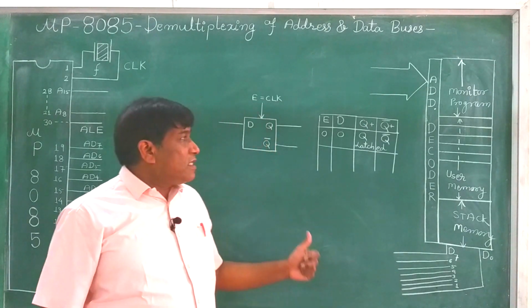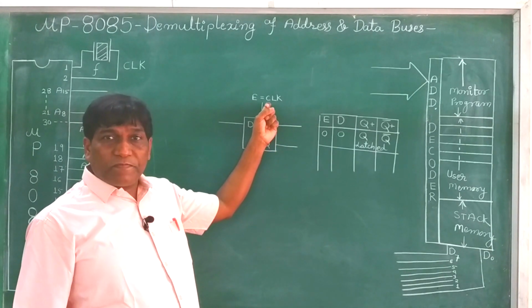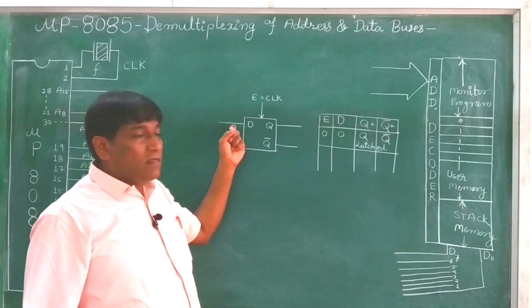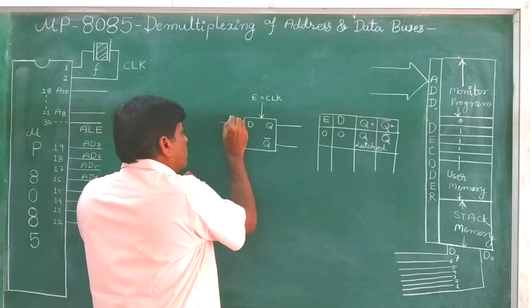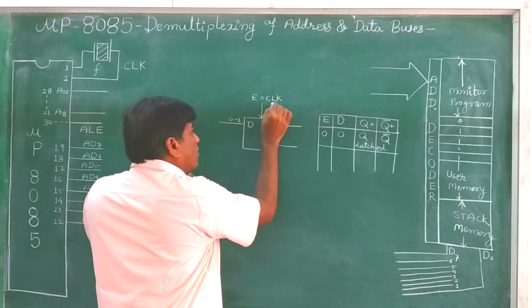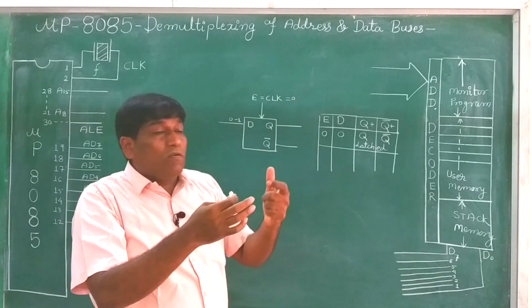Latching means holding a particular thing. That means for this flip-flop, suppose the clock is not activated, clock is 0. Whatever the signal here, whether it is 0 or 1, if the clock is equal to 0, the output will be the previous value.